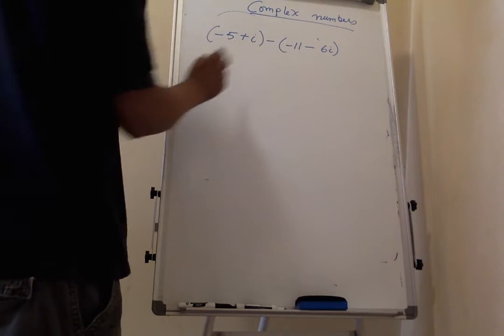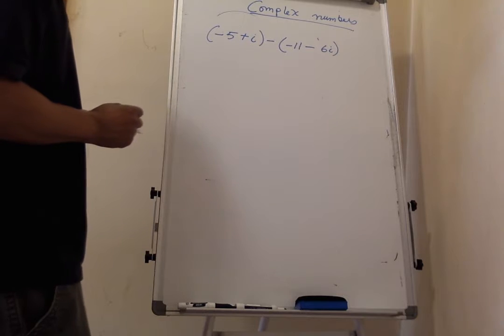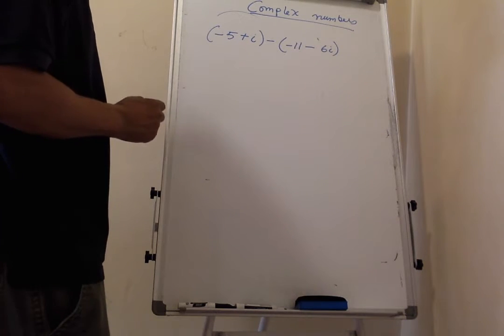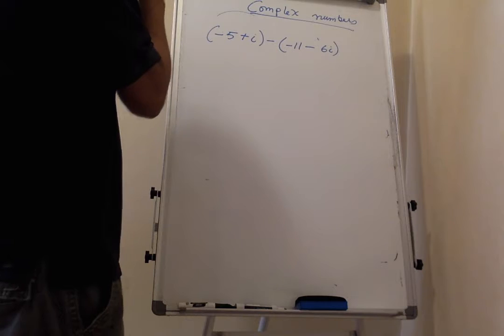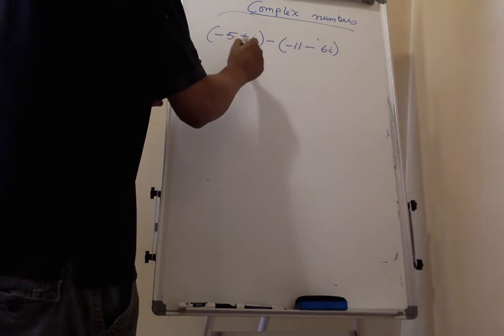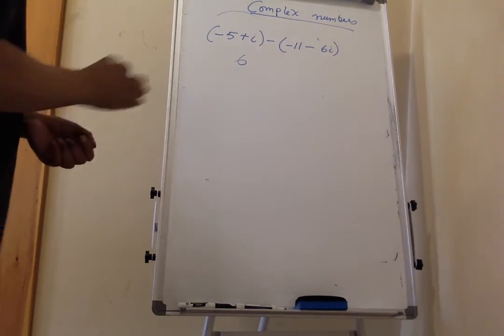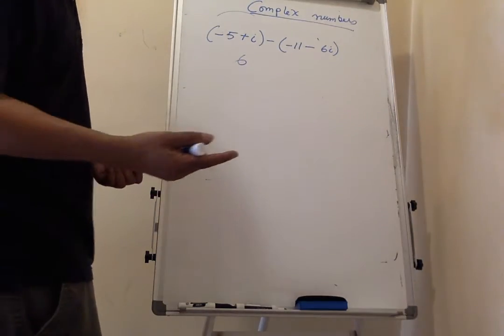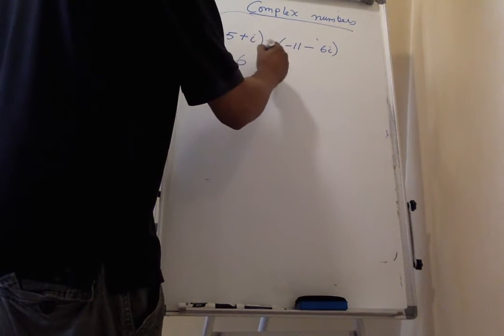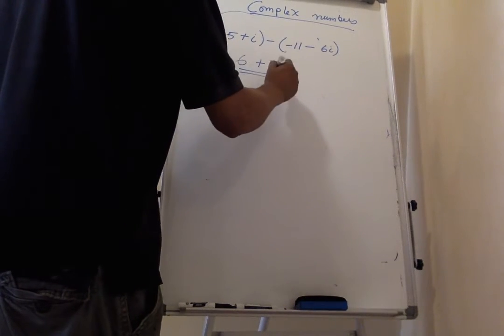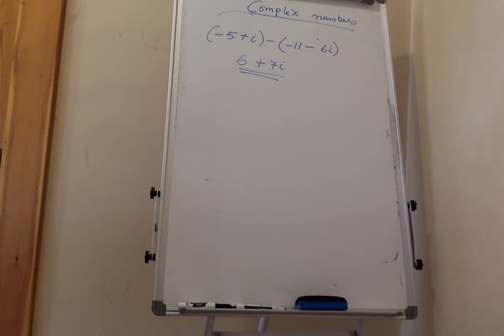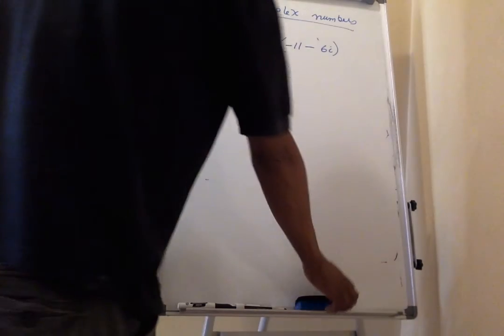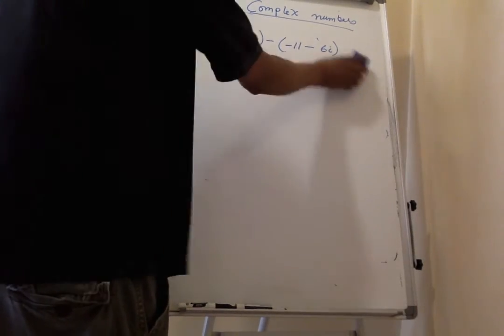Negative 5 minus negative 11 gives us negative 5 plus 11. Minus times minus is plus. So negative 5 plus 11 gives us 6. Then you have i minus negative 6i. i minus negative 6i means i plus 6i, which is what? 7i. And you're done. So adding real numbers with complex numbers is not that difficult. Now let's look at probably multiplying them.